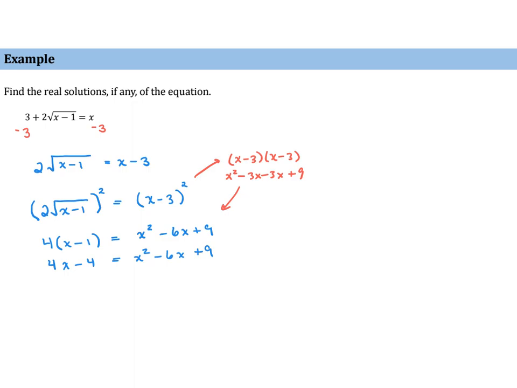Now, this is quadratic, so let's get one side equal to 0. Let's move the 4x and move the 4. This means that we have 0 equals x squared minus 10x plus 13.